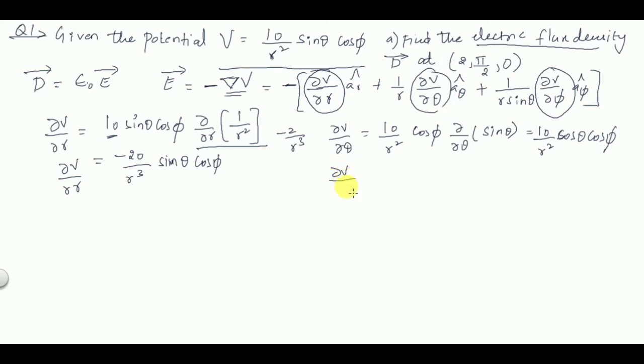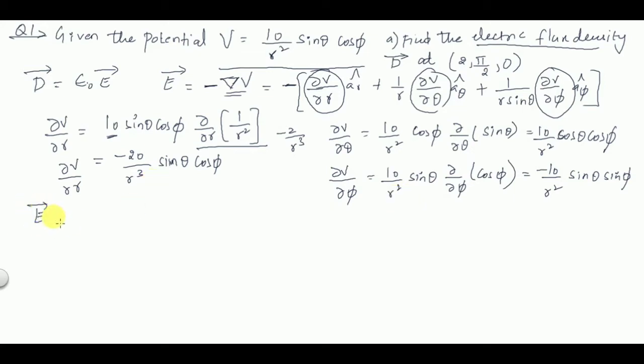Similarly, dou V by dou phi: remaining things are constant, 10 by R square sin theta, and dou by dou phi of cos phi is minus sin phi, so it will be minus 10 by R square into sin theta into sin phi.